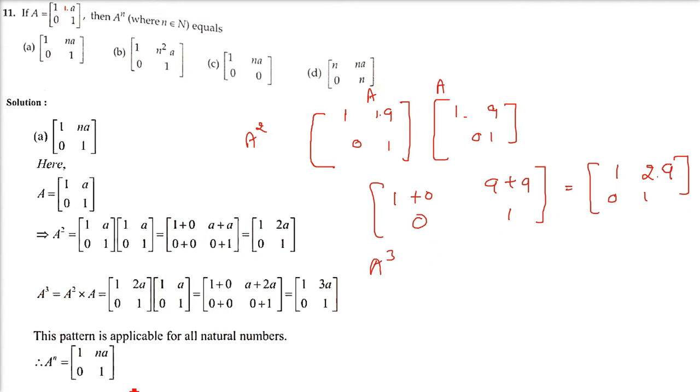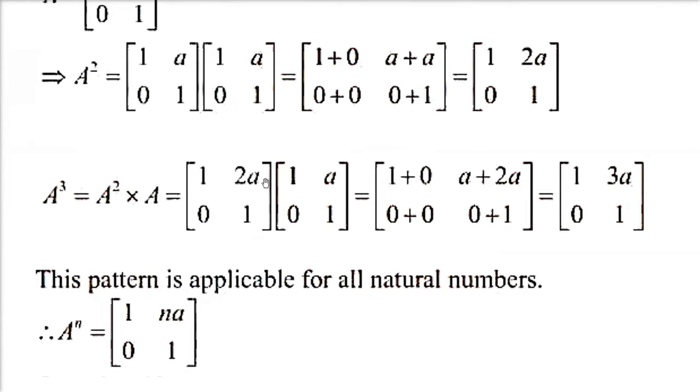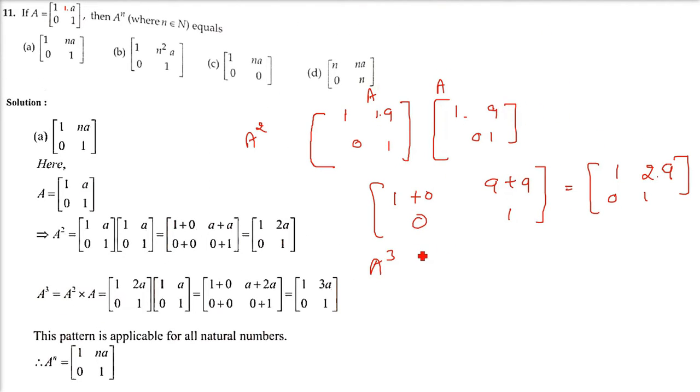So if you do A cube, this will come as 3A. You do A to the 4, it will come as 4A. So this pattern is, when you take A raised n, as I said, A cube, 3A, A to the 4, 4A. This means whenever you do A raised n, it will be 1, nA, 0, 1. This is your answer.